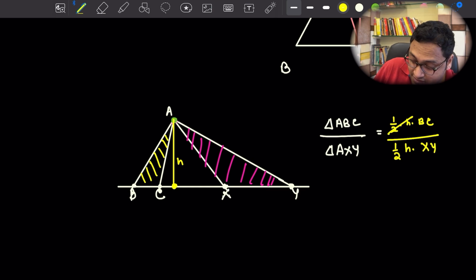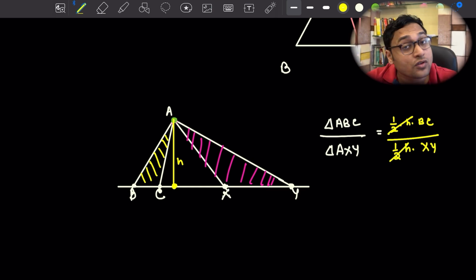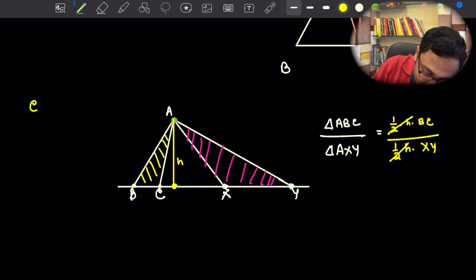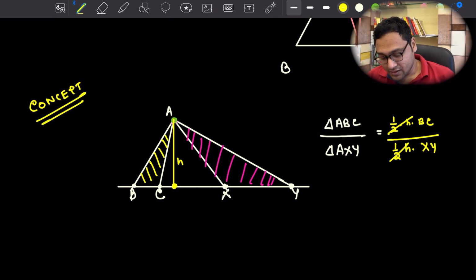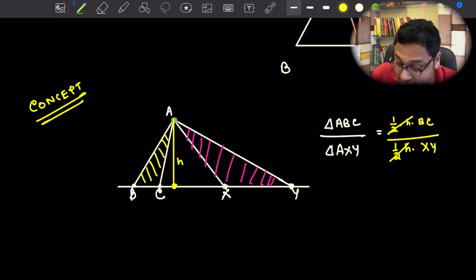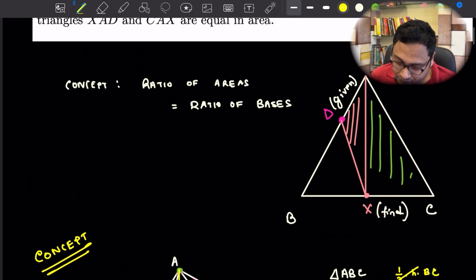So these two things cancel off and you get BC over XY. Right? So that's the main concept. That is, the ratio of areas of the two triangles ABC and AXY is equal to the ratio of the bases BC over XY.